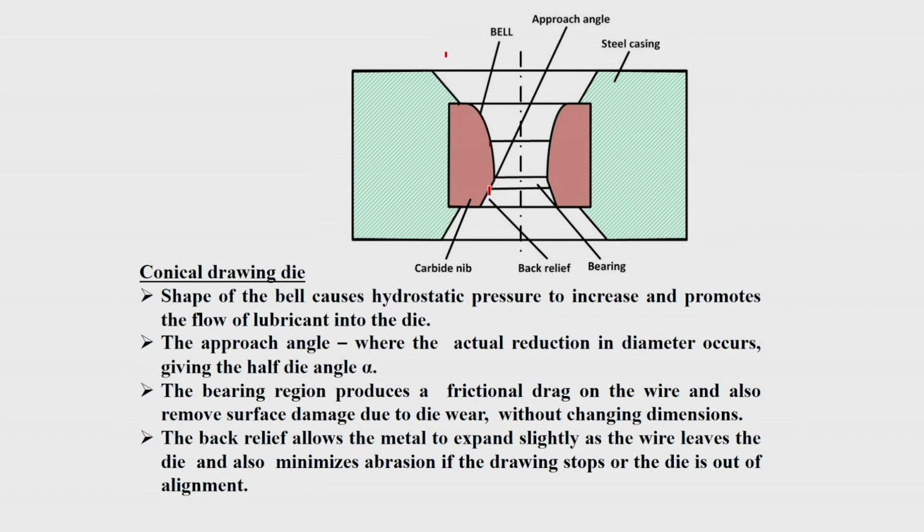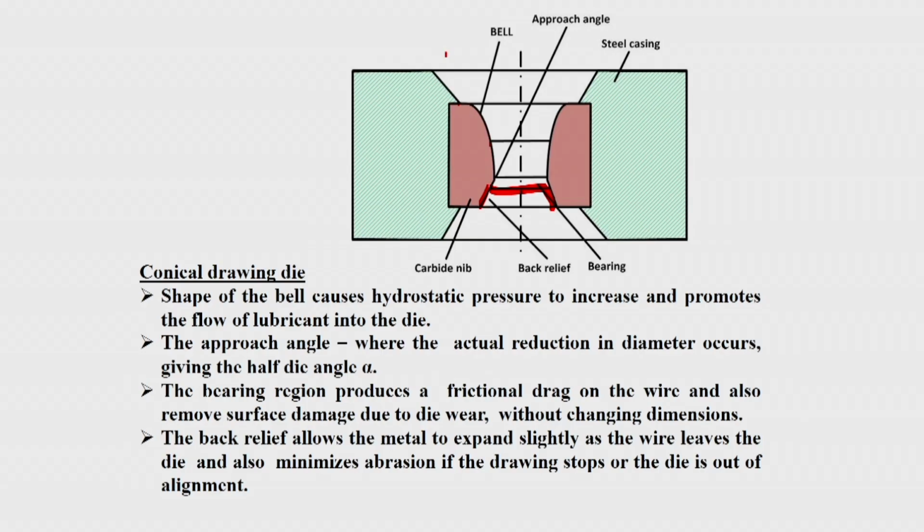Finally there is a relief angle. This relief angle allows the metal to expand slightly as the wire leaves the die because of the spring back effect. It was pulled in tension, but when it comes out there will be a small increase in the diameter.